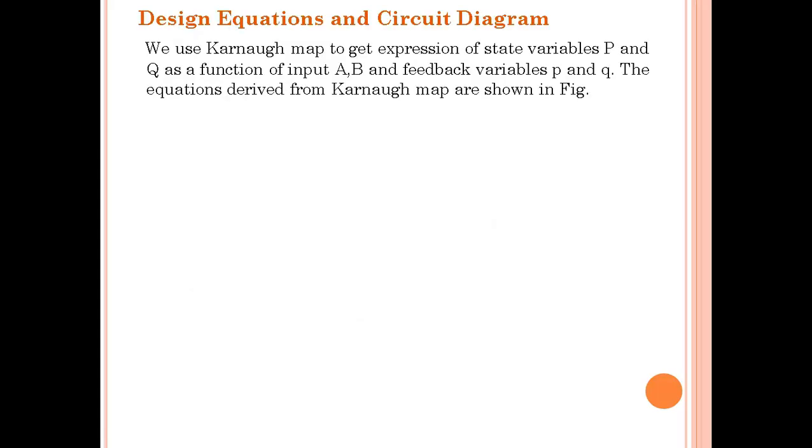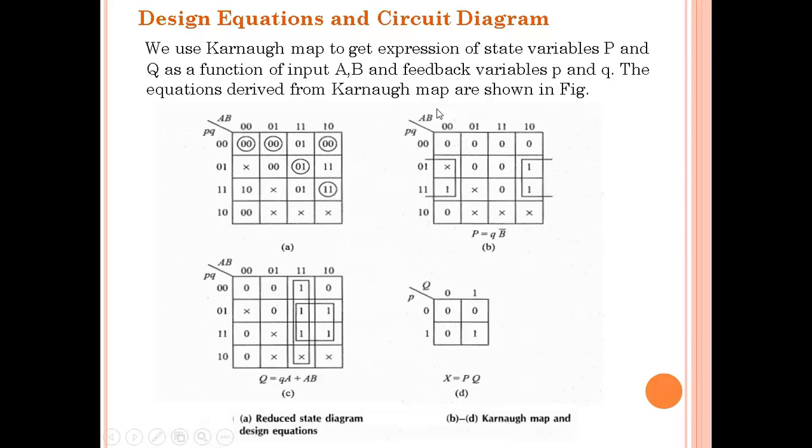The next step is to find the design equations and circuit diagram. We use Karnaugh maps to get expressions for state variables P and Q as functions of inputs A, B and the feedback variables p and q. The equations derived from the K map are shown here.